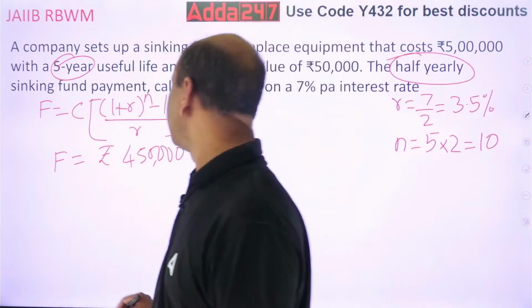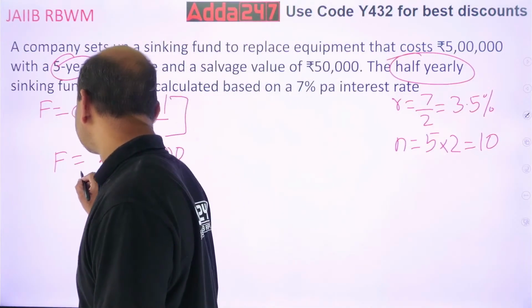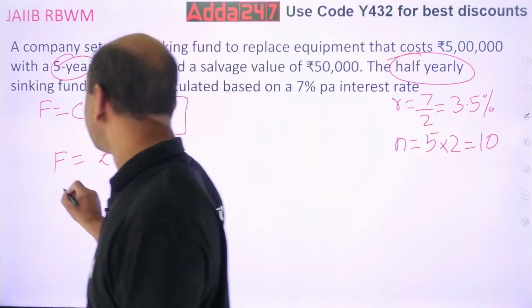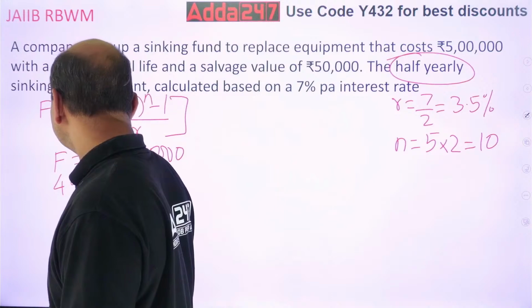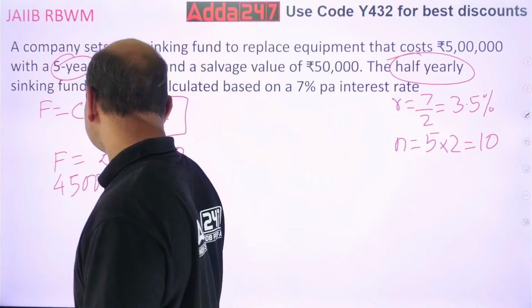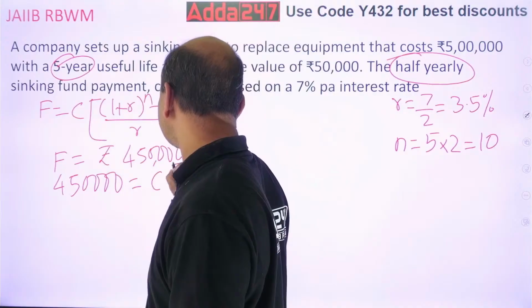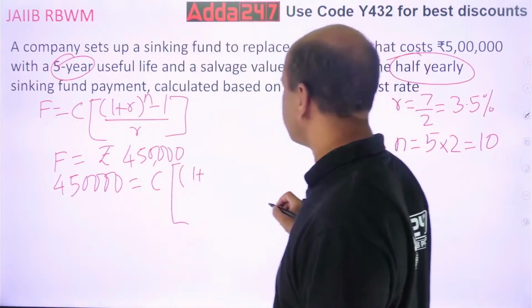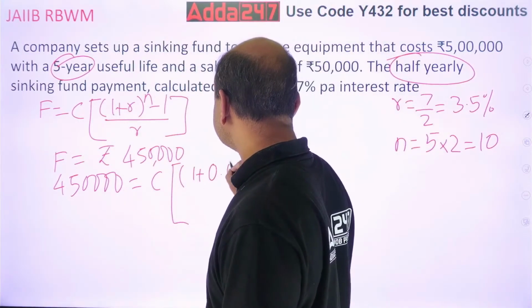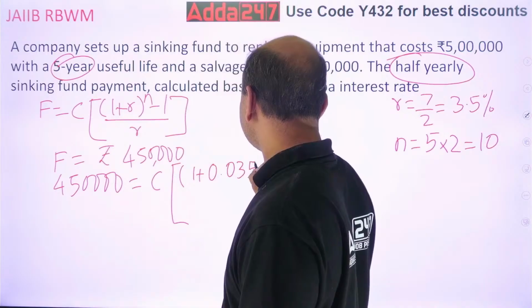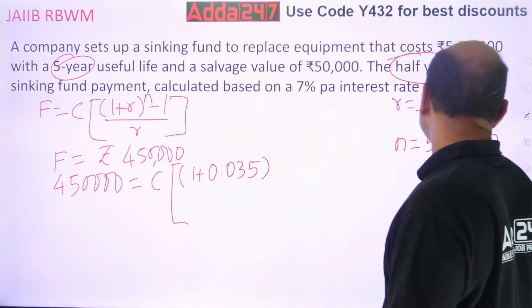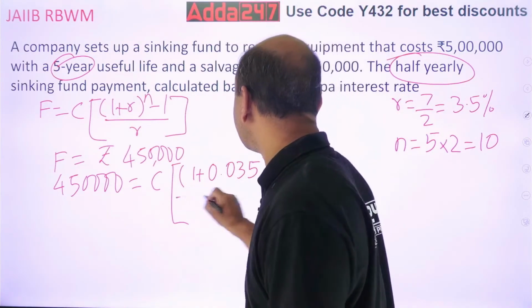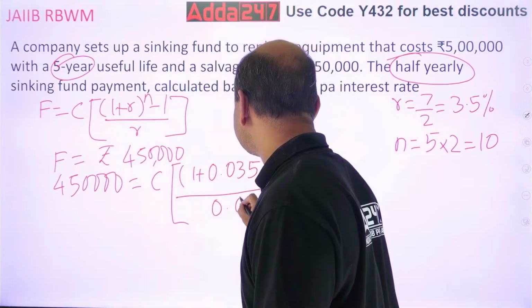So now, 4,50,000 equals C into (1 plus R) raised to N, where R is 3.5%, so 0.035, and N is 10, minus 1, the whole upon R, which is 0.035.